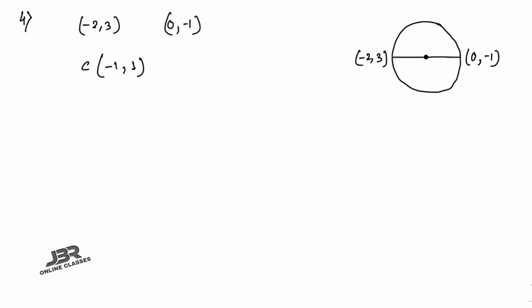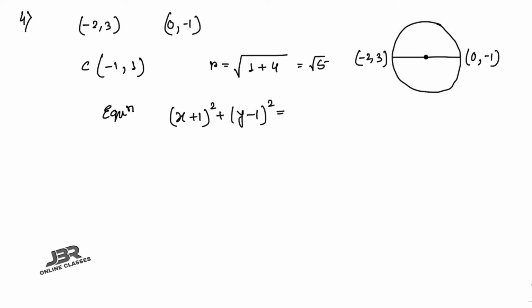Okay, now next you have to find out the radius. So r equals root over, center to (0, minus 1), so it will be (minus 1 minus 0) whole square, so it is 1, then 1 plus 1 is 2, so 2 square means 4, so that means root 5. Okay, so the equation is (x plus 1) whole square plus (y minus 1) whole square equals root 5 square, it's 5.